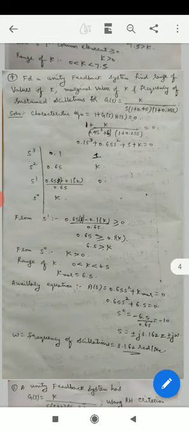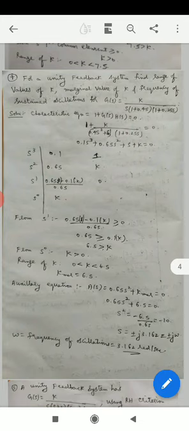The first step is again common: the characteristic equation is obtained by 1 plus G(s) H(s) equal to 0. Here it is given as a unity feedback system, so H(s) is equal to 1. So 1 plus k into 1 divided by s into 0.4 s square into 1 plus 0.25 s.